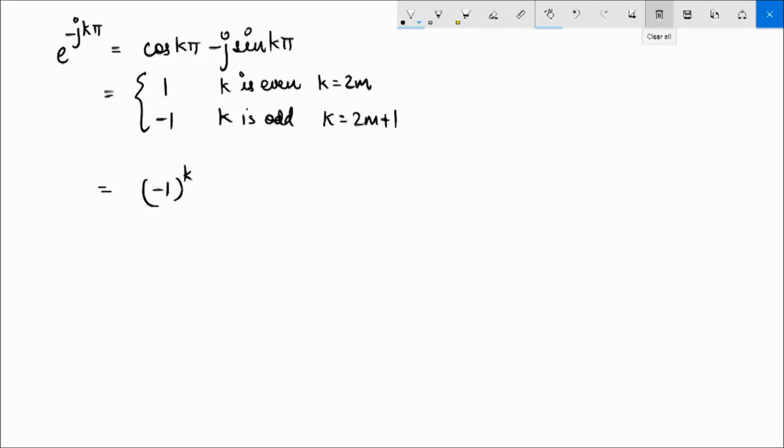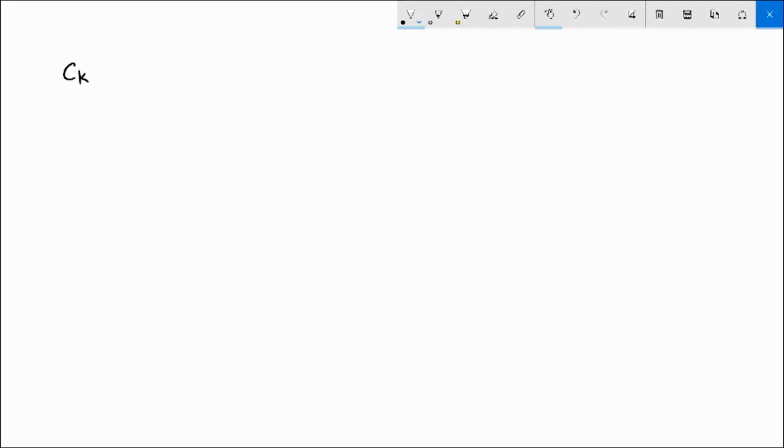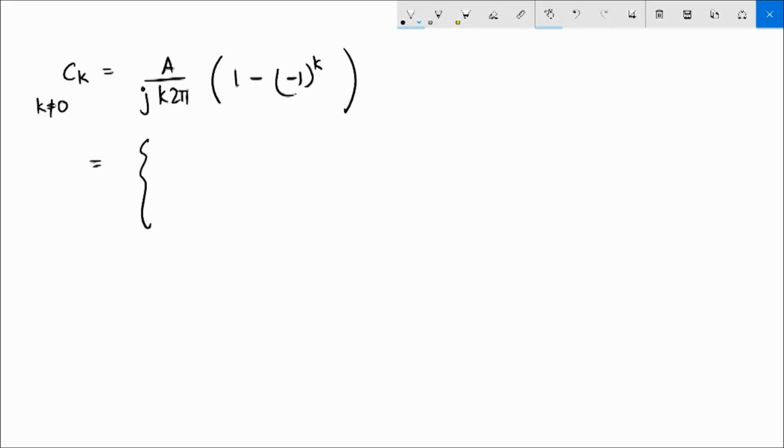So I'll go back to the expression, and that was that Ck came out to be A upon j k 2 pi times 1 minus e to the power minus j k pi, and I'm going to write this e to the power minus j k pi as minus 1 to the power k. This tells us that Ck, for k not equal to 0, whenever k is even, this term would be equal to 1, and this becomes 1 minus 1 equal to 0.